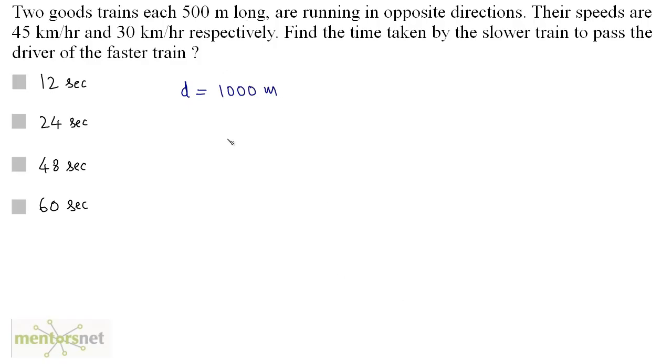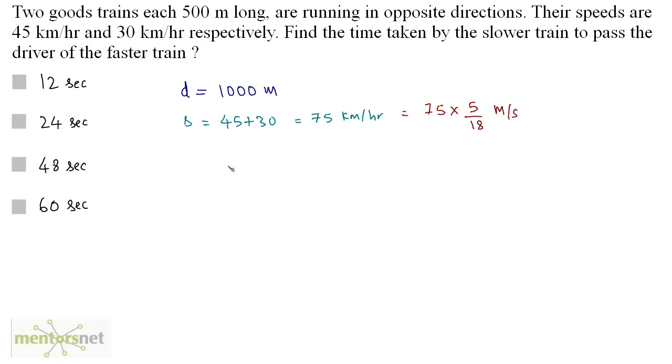And the relative speed is the addition of the respective speeds because they are moving in opposite directions. So we have 45 plus 30 as the relative speed in kilometers per hour, and that's equal to 75 kilometers per hour. Let's convert this speed into meters per second, and that's 75 times 5 by 18 meters per second.